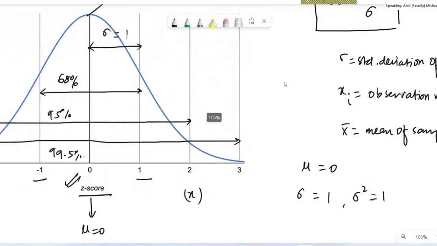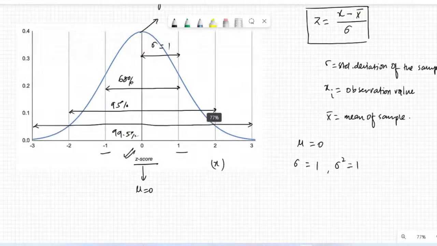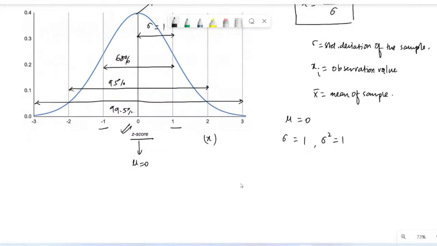Now from here, we get one more method to find out the outliers. When you calculate the z-score for different values, if the z-score is greater than plus 3 for a sample, or similarly if the z-score is smaller than minus 3, in both of these circumstances the samples are outliers.